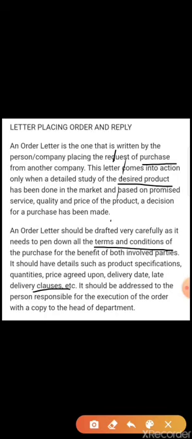It should be addressed to the person responsible for the execution of the order with a copy to the head of department.